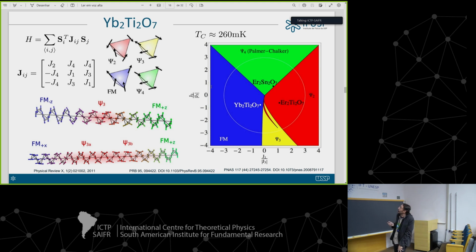So here I'm showing a phase diagram based on this Hamiltonian. That's for J3 negative and J4 equal to 0. I cannot show in two dimensions something with four components.